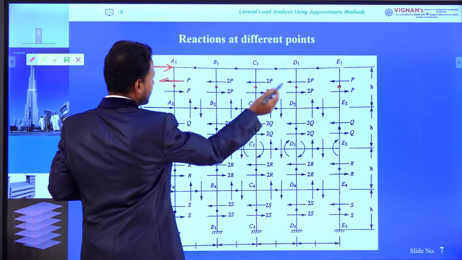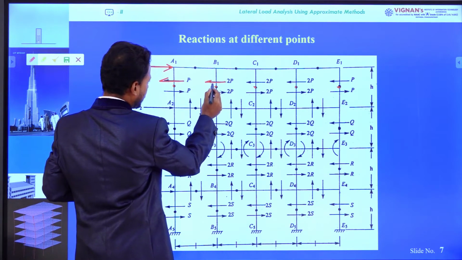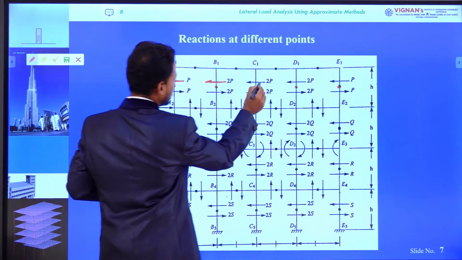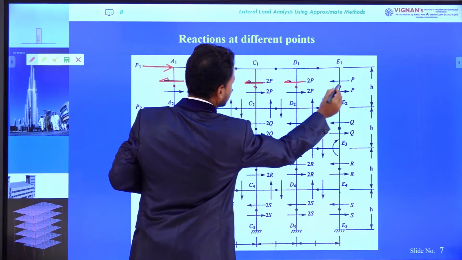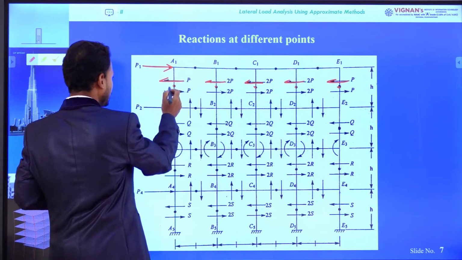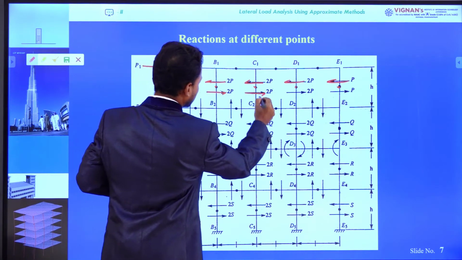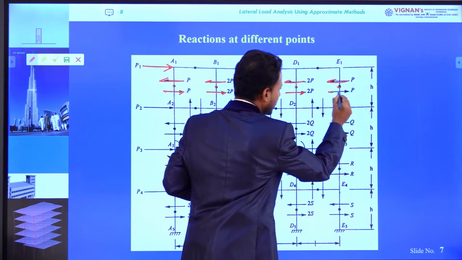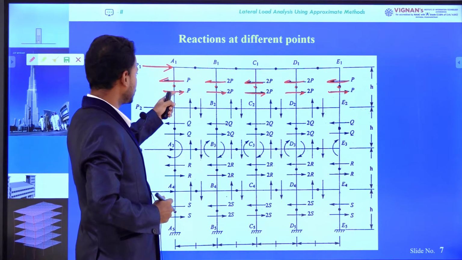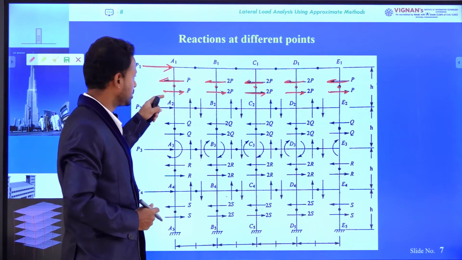and for the remaining members also, just above the point of contraflexure, the direction of shear force will be like this, and it will be the same for all the members. Just below the point of contraflexure the direction will be changed. In this way you can draw the direction of shear force above and below the point of contraflexure.